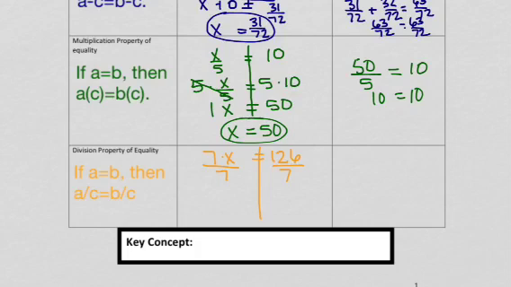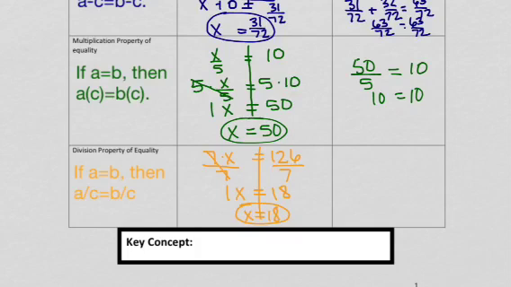And when I do that, 7 divided by 7 is 1. So I get 1x. And then I would do 126 divided by 7, and the result is 18. So 1x is the same as x, so that means x equals 18 is the answer.